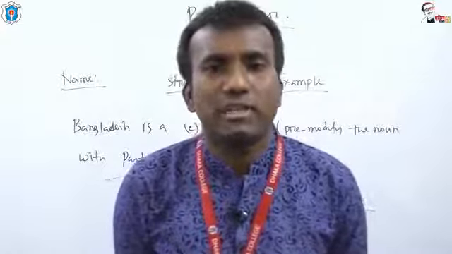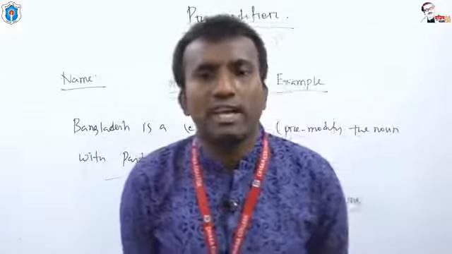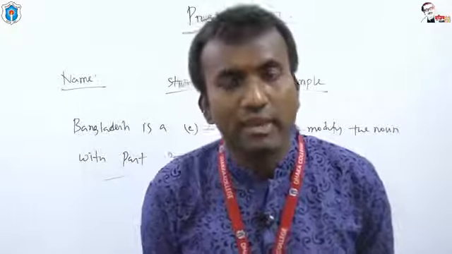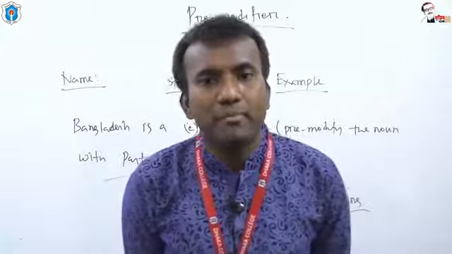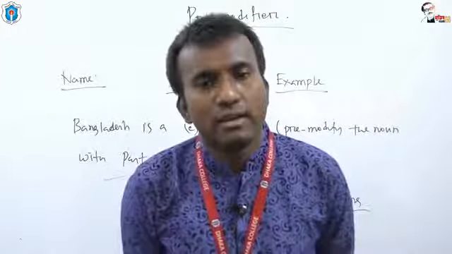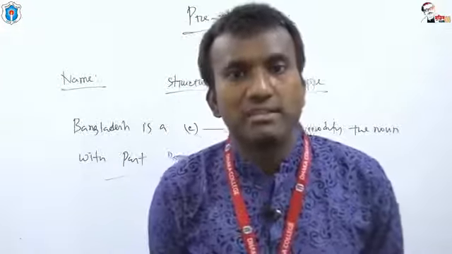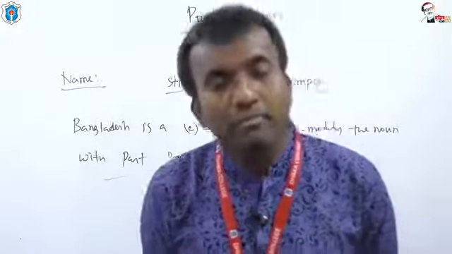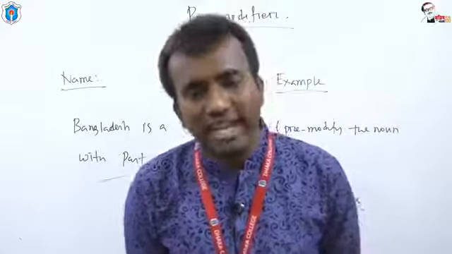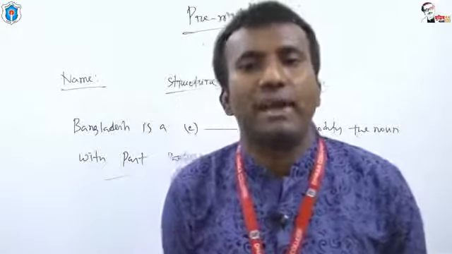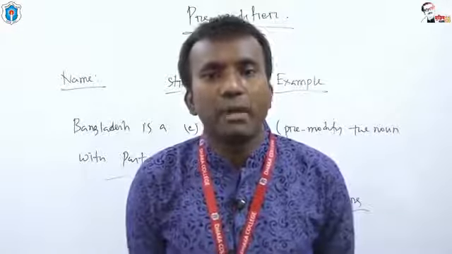All the participles work as adjective. Present participle can only be created by adding ing with the verb. Past participle means the last form of the verb, that means V3. Perfect participle is created by using having plus V3.